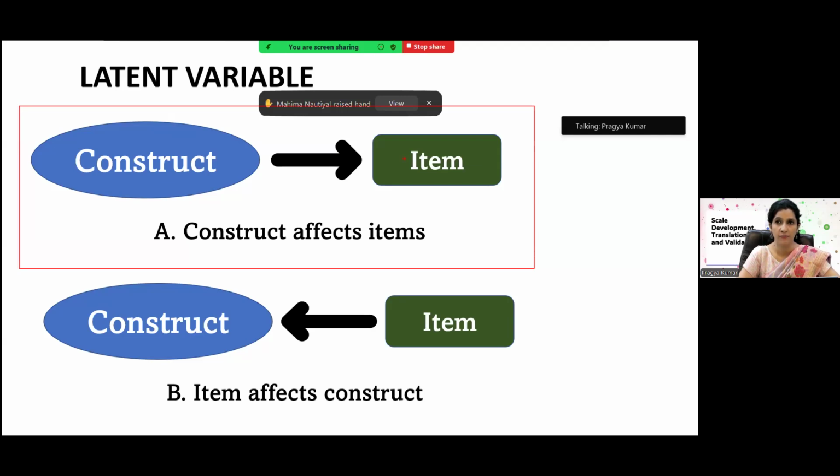And item as a dependent. Yes, item as dependent and construct independent. Very right. So please remember this, because ultimately there's a lot of confusion. You think that you are measuring depression through item. So you always think initially that depression is a dependent and item is an independent. Are you getting me?